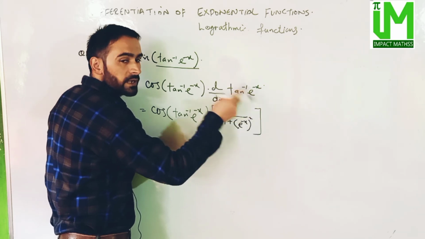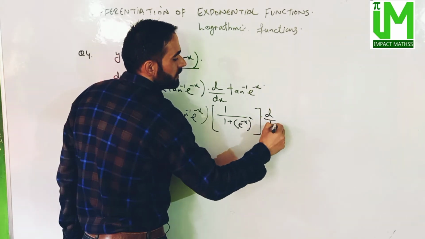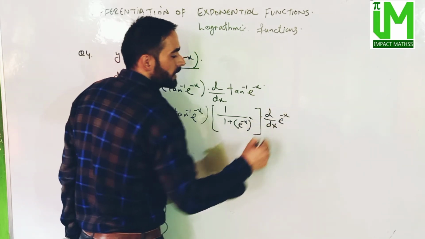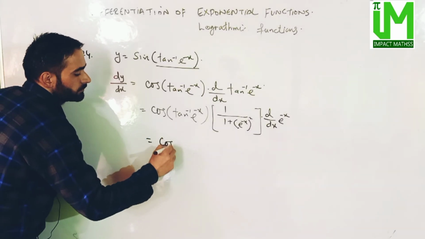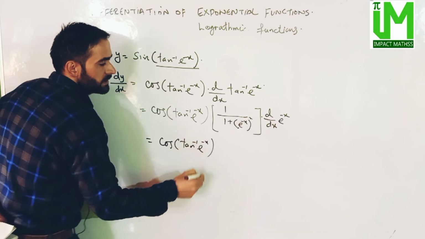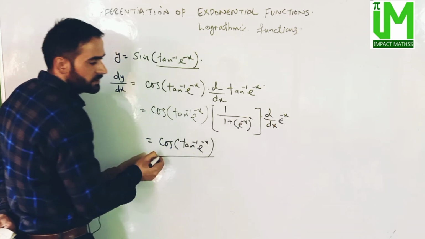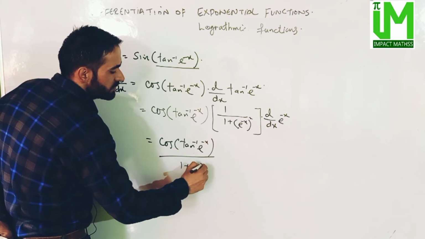Then into the internal differentiation, d by dx of e raised to power minus x. So it will be 1 plus e raised to power minus 2x.